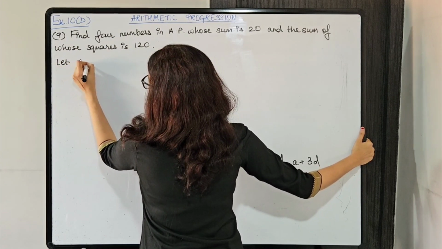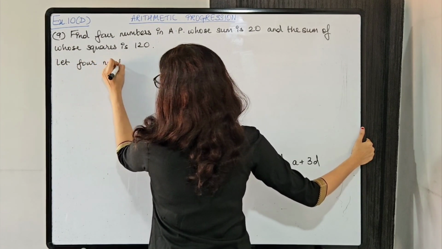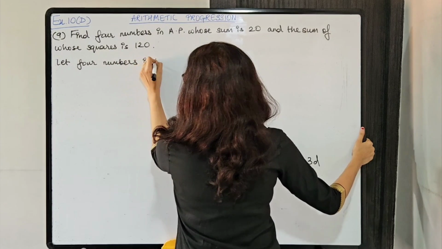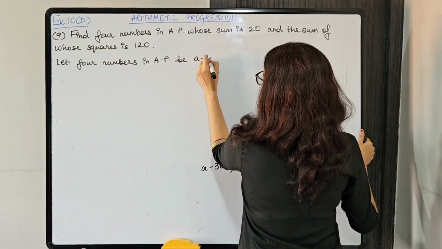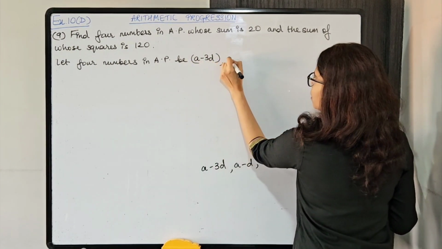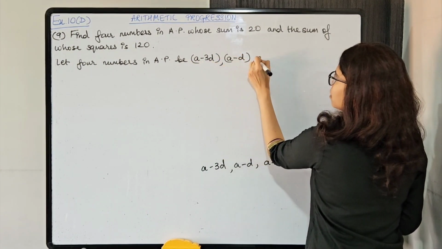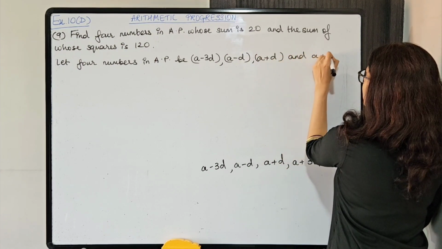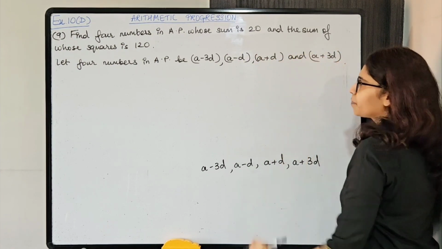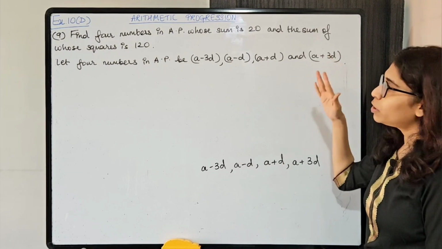Okay, let us write down the statement. Let 4 numbers in AP be a minus 3d, a minus d, a plus d and a plus 3d. Okay, both the conditions are given.